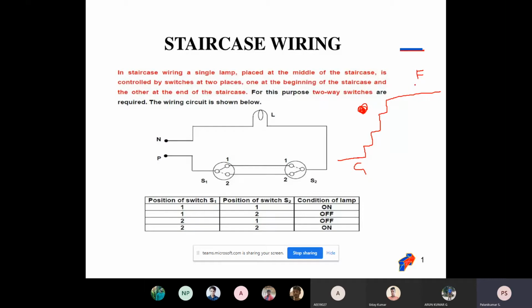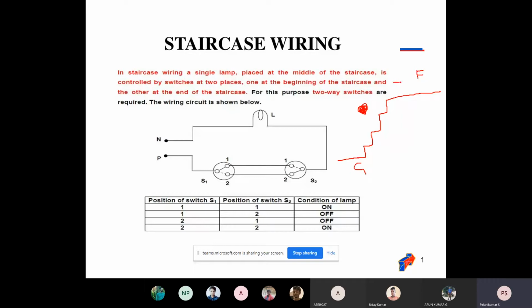But after reaching the first floor, how can he switch off the lamp? So there is a need for another control switch also. A staircase wiring is a concept where one lamp is controlled by two different switches.